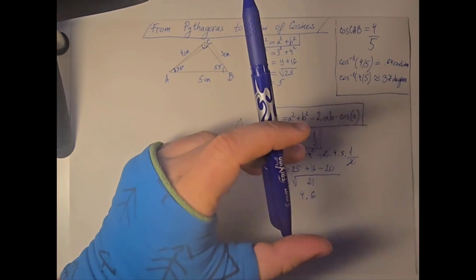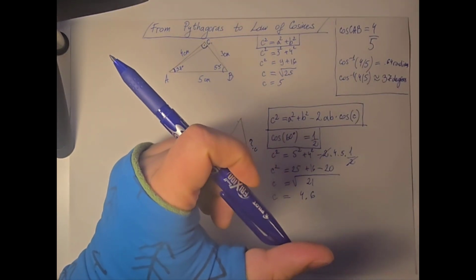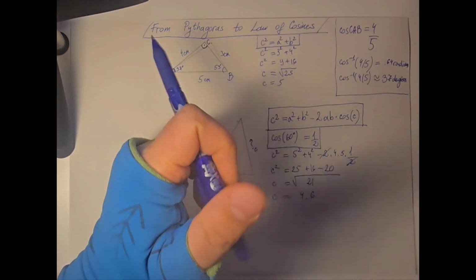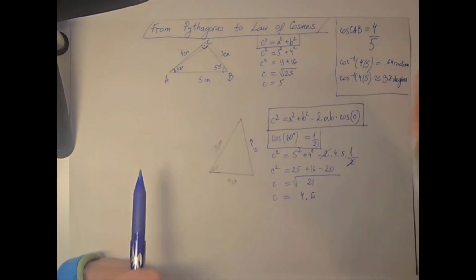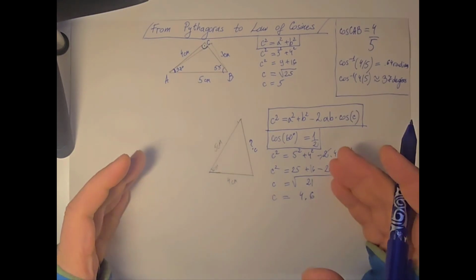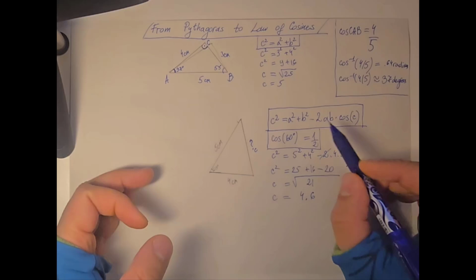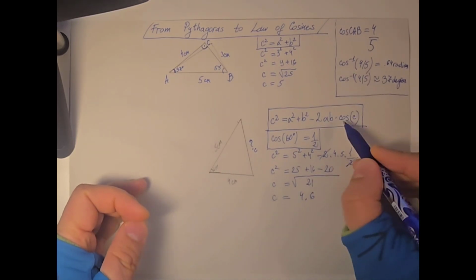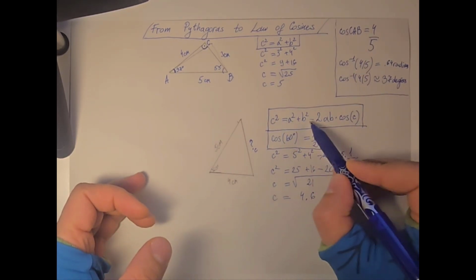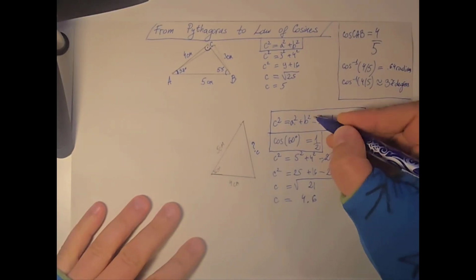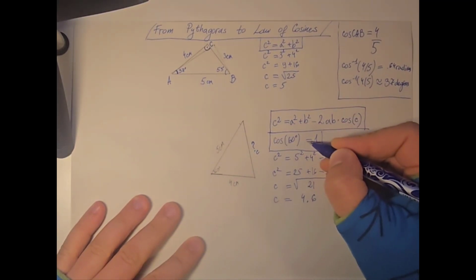So let's connect the dots a bit. Whenever we have 90 degrees, we are still using this formula, but cosinus of 90 is 0. So we only use the first part, and this is where the Pythagorean theorem comes from.